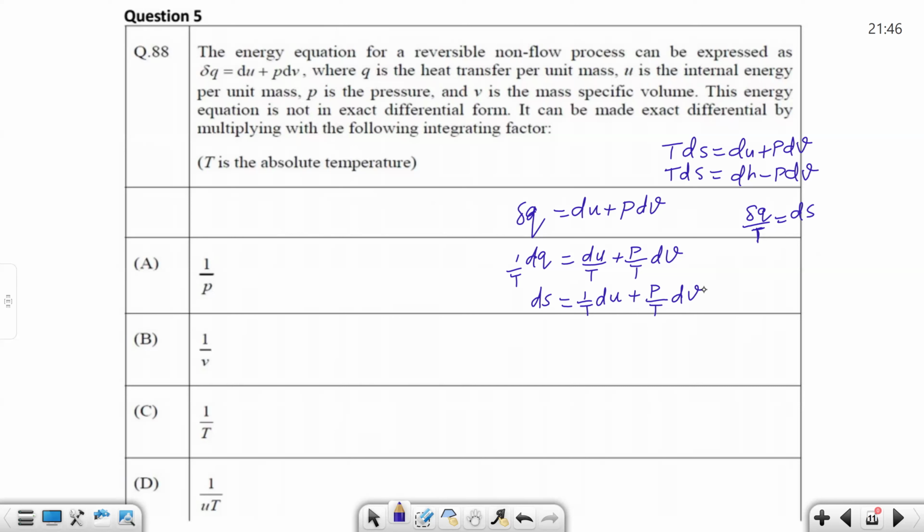So dQ by T can be written as dS. Okay, so this will be an exact differential. So the integrating factor is 1 by T. This will be the answer.